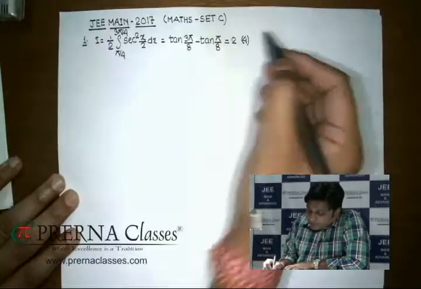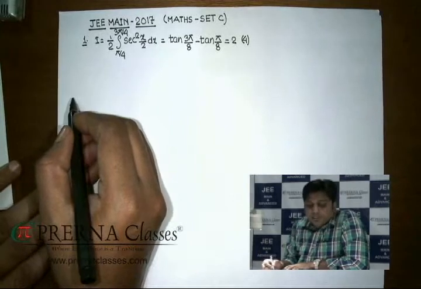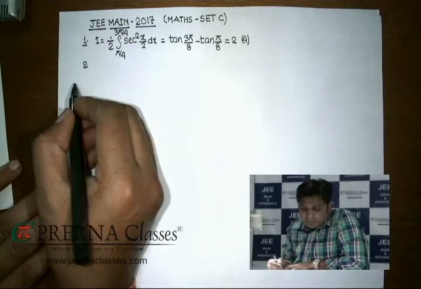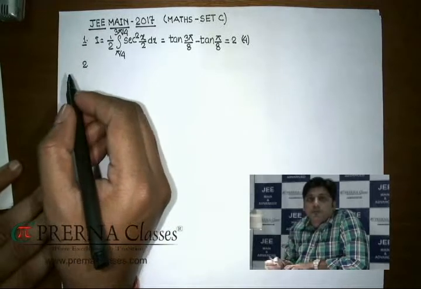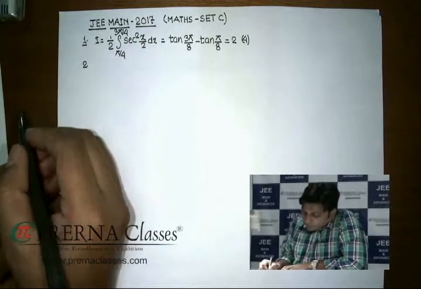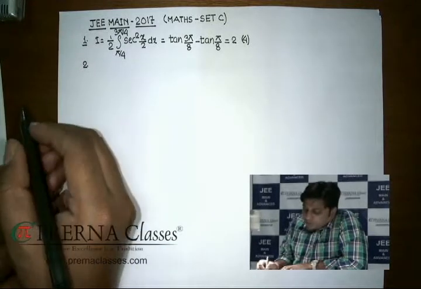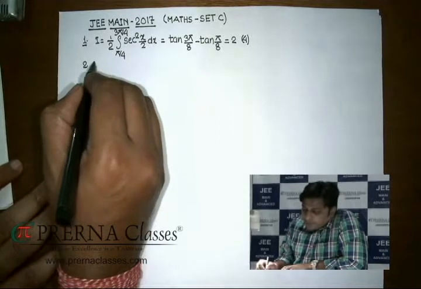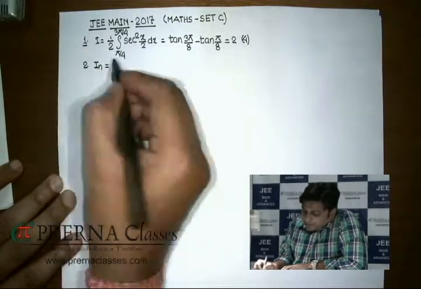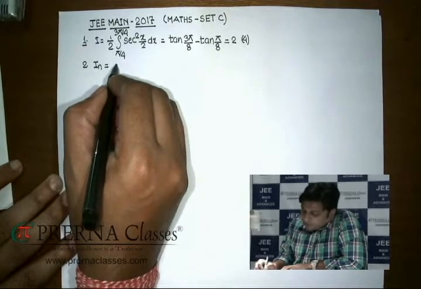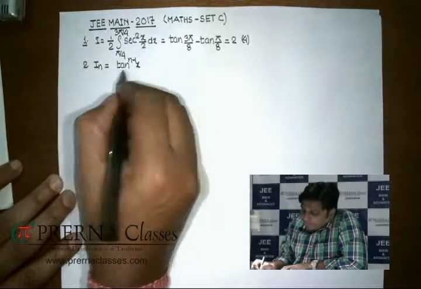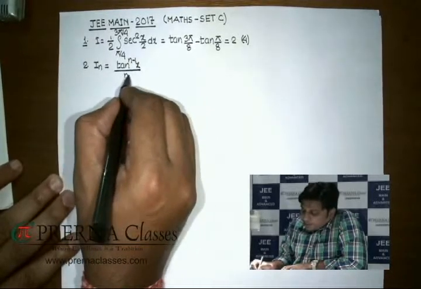In the next question, which is question number 32 of that set, we are given another integral, In equals the integral of tan to the power of n x dx. Using the reduction result for tan to the power of n x, In can be expressed as this quantity minus I(n-2).